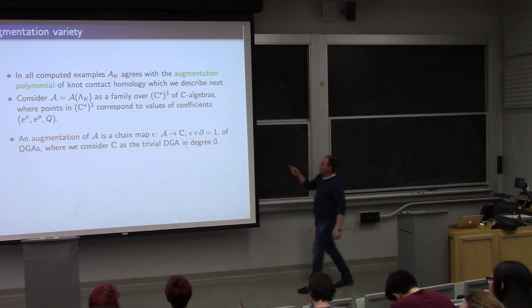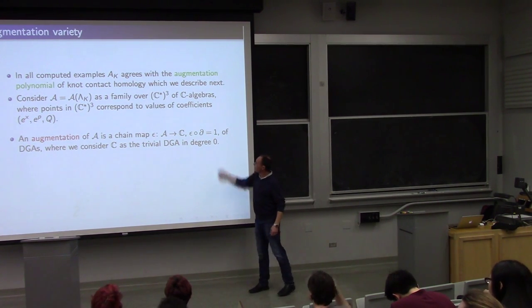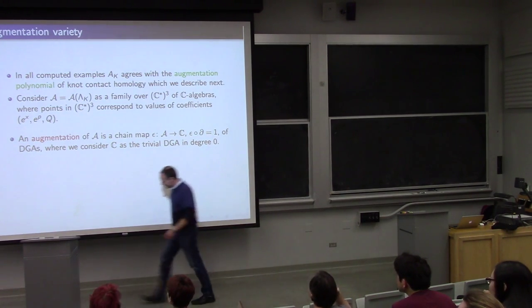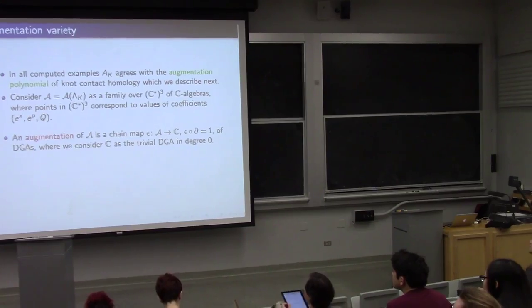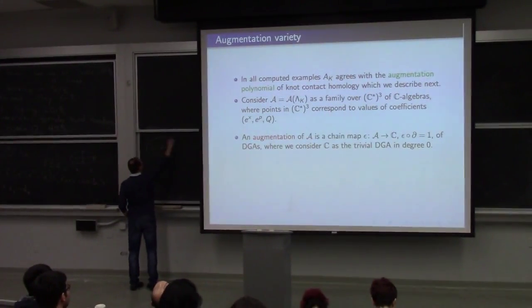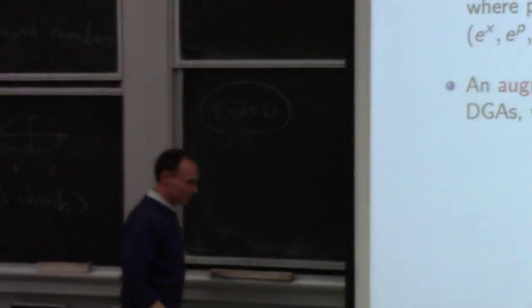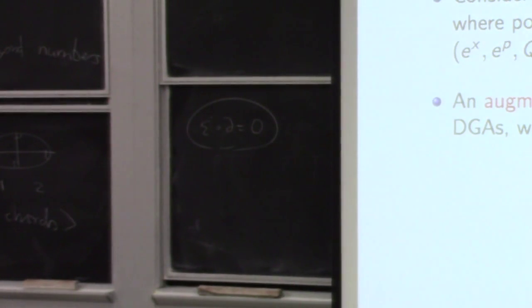So the chain map equation is wrong here. Sorry, it says that this should be equal to 0, because there is no d on C.